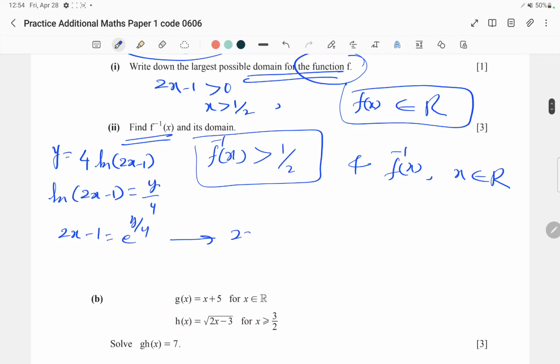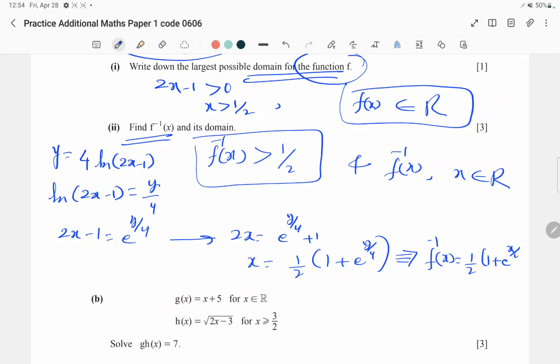And here 2x equals e to the power y over 4 plus 1. And x equals 1 over 2 times 1 plus e to the power y over 4. And finally we got f inverse x equals 1 over 2 times 1 plus e to the power x over 4. This is my f inverse x.